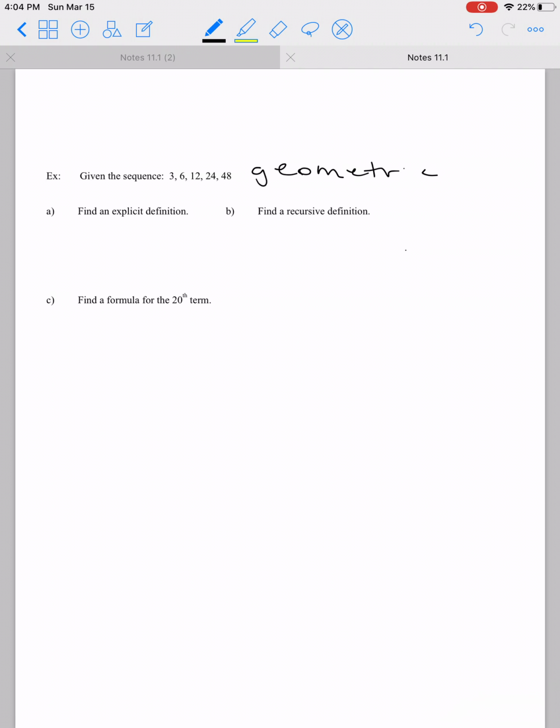And so we're going to use the general formula for geometric, which is a sub n equals a sub 1 times r to the n minus 1. And a sub n, our first term is 3 times, and then r, our common ratio, was a 2 raised to the n minus 1.